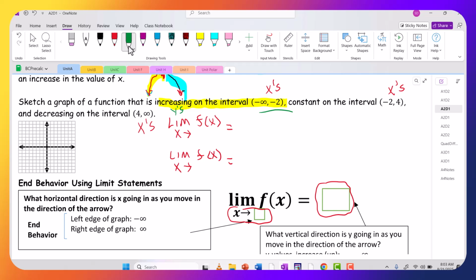All you need to do is make sure I label this correctly, make a graph that continually increases up to this point, and then I might do a stop right there. I tried to make that more curved. It doesn't have to. You can do whatever you want, but make sure it's increasing. Make sure when I read this left to right, you follow what's being said in this little set of parameters. Constant on the interval. I guess blue does not really stick out compared to green.